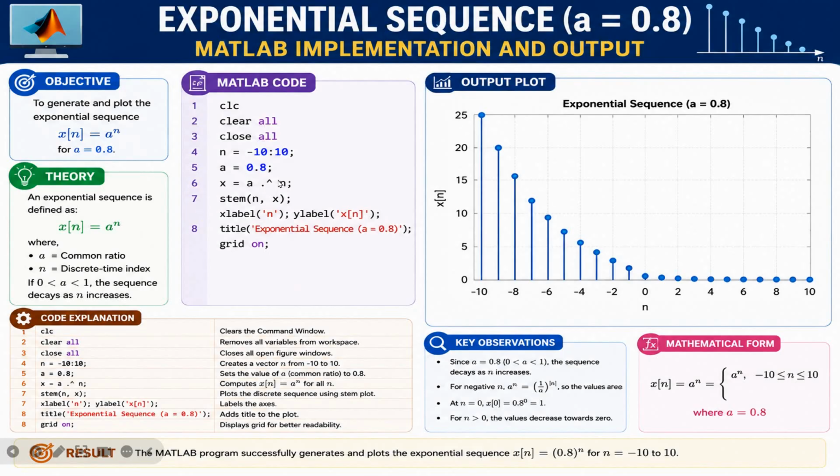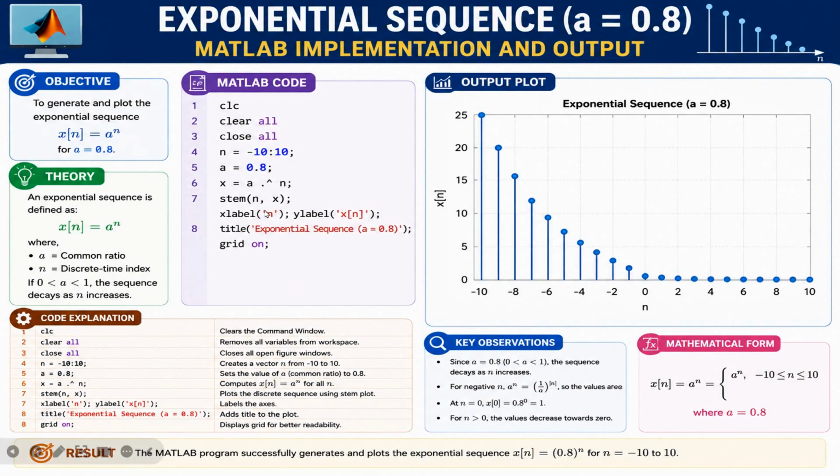Next, you have a is equal to 0.8, which assigns the value of the exponential constant. Then we have x is equal to a dot raised to n, which will calculate the exponential sequence for every value of n. Here you have a dot operator, that is dot and the raised to sign, which will perform the element wise exponentiation.